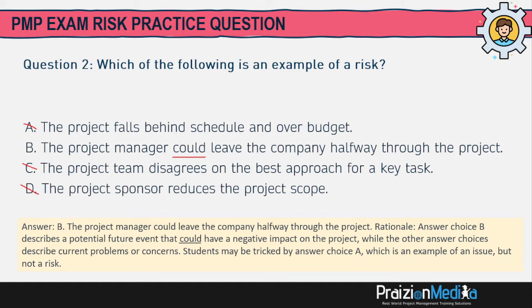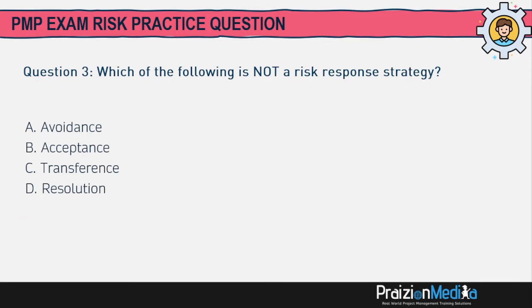Answer choice B describes a potential future event that could have a negative impact on the project, while the other choices describe current problems or concerns. Students might be tricked into thinking it's A, but that is an example of an issue. Let's go to our next question.